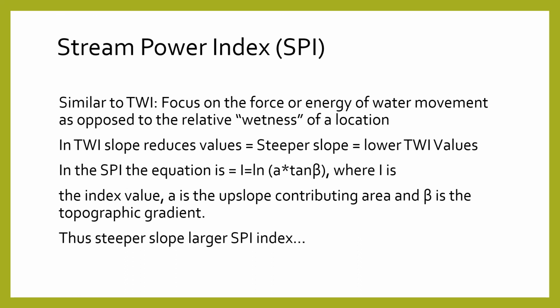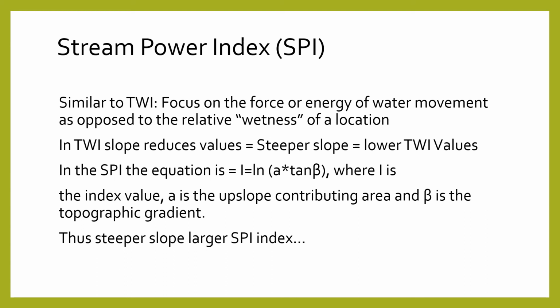Stream power index is another useful tool. It is similar to the topographic wetness index, but instead of dividing by slope, we multiply by slope. What this tells us is that the relative erosive power or strength of a stream is equal to two factors: the area that contributes water to it, upslope contributing area, and the relative steepness of that stream.